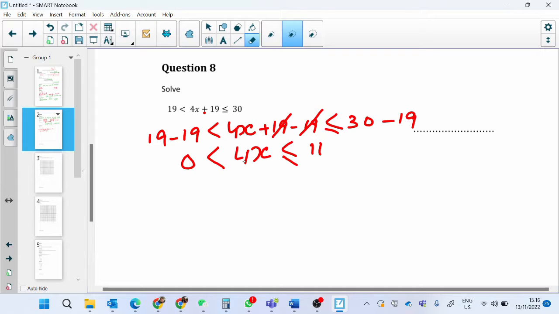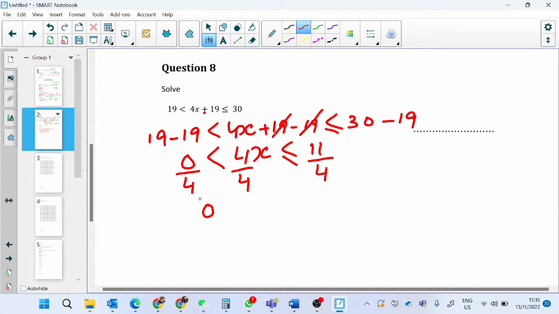So just to eliminate this 4, we divide all sides by 4, right? So we are left with now 0, because 0 divided by 4 is always 0, and x smaller than or equal to 11 over 4. So if we further divide this, our answer will be 0 is smaller than x, and x is smaller than or equal to 4 2's are 8.